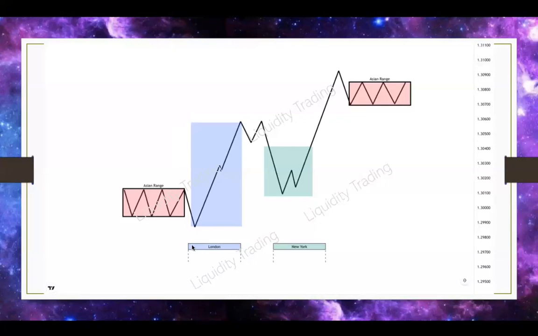The time of the London kill zone would be 1 a.m. to 5 a.m., and I'm referring to New York time. Every time I talk about any time reference in the market, in my videos or in our later teachings, I only refer to New York time. Even if you're living in London or you're living in Australia, you have to look at these times in the market according to New York time.